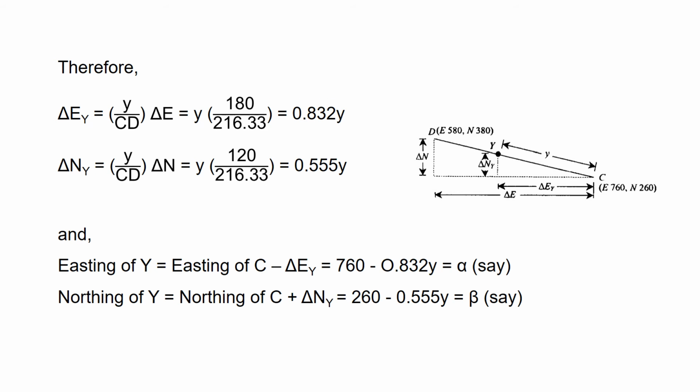Therefore, now we can find the change of easting in y and change of northing in y by putting in the known values, and it is coming out to be 0.832y and 0.555y respectively. Now, using the known values, we can calculate the easting and northing for the coordinate of Y, and it is coming out to be 760 minus 0.832y and 260 minus 0.555y respectively, and we are assuming them to be alpha and beta.